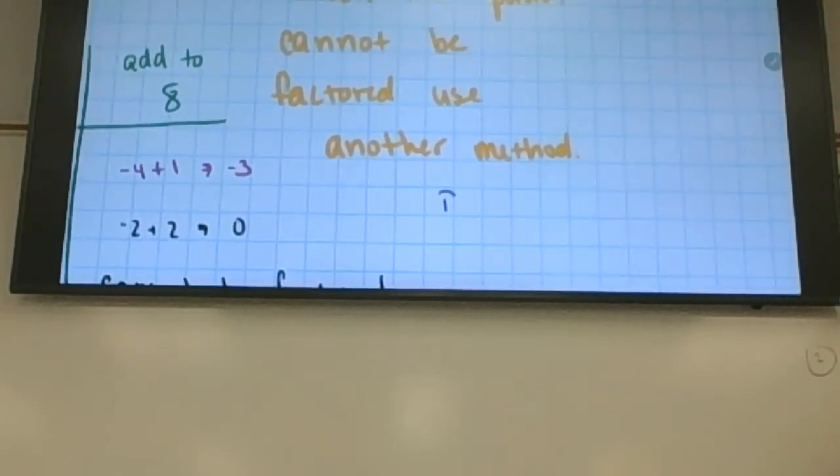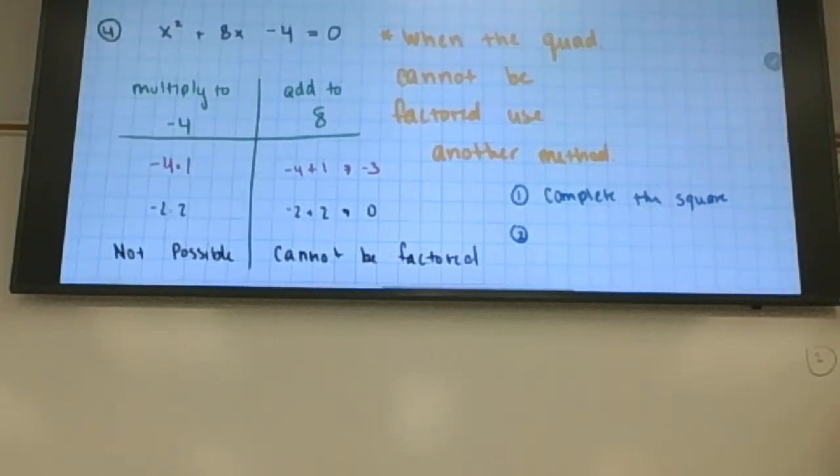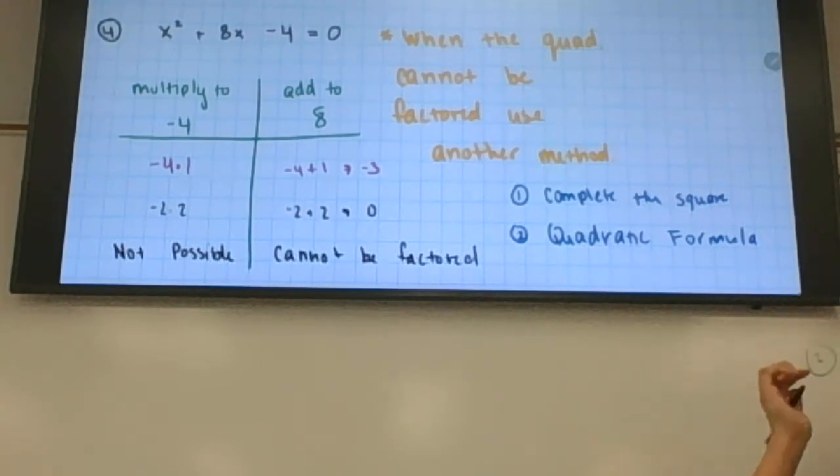You're going to do either completing the square, which we're going to work on this week. It's got a lot of steps, kind of complicated. The reason it's kind of complicated is because it's useful when things can't be factored. Or you're going to do the quadratic formula. The quadratic formula is less complicated, but actually leads to a lot of errors. A lot of people mess up when they do it.